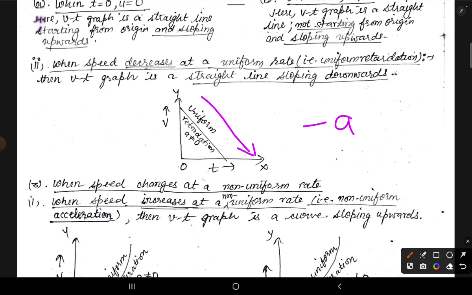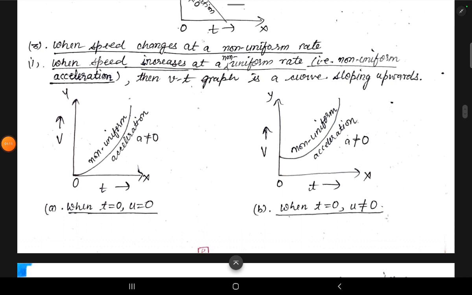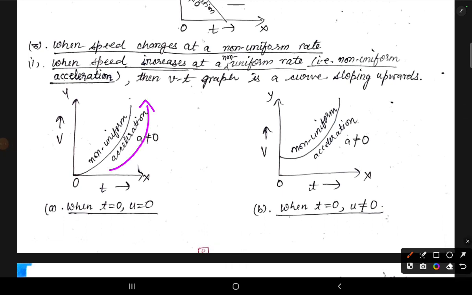When the speed increases at a non-uniform rate, that is non-uniform acceleration, the same way we will get a curve. We will get a curve here like this. As you find here, the acceleration is also moving with a curve.